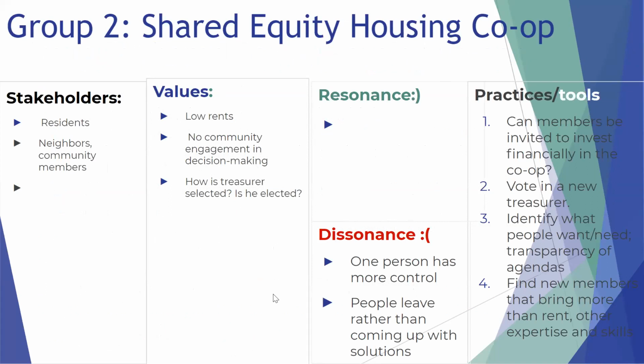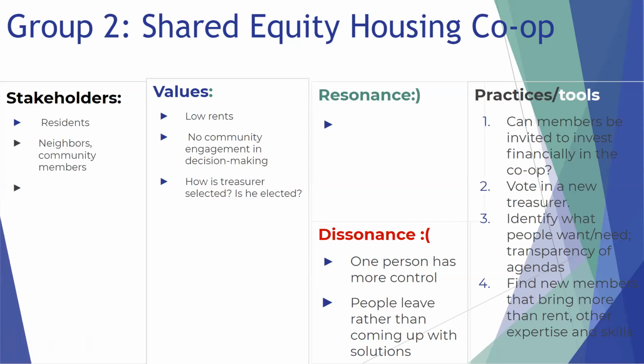solutions. And some of the practices that we thought of are: can members be invited to invest financially in a co-op? What are the ways that they can vote for a new treasurer? I think that the co-op or the board can identify what people want and need, and figure out some transparency of people's agendas to join the co-op or participate in the co-op, and also bring on new members that bring more than necessarily paying a rent.